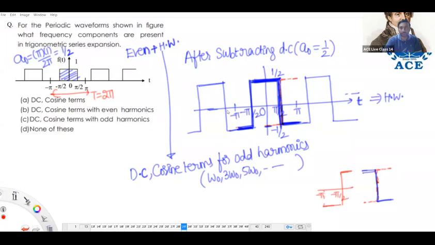Whenever the positive and negative amplitudes are not the same, 100% DC exists. For any periodic signal, if positive and negative amplitudes are not the same, 100% DC exists.